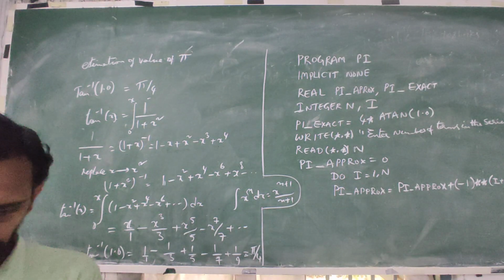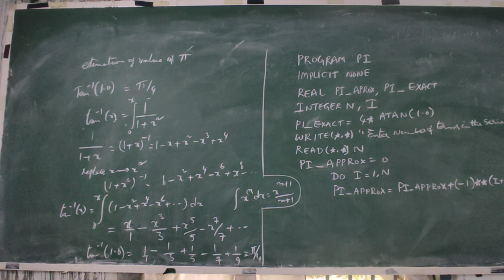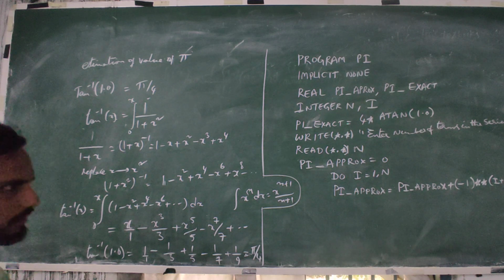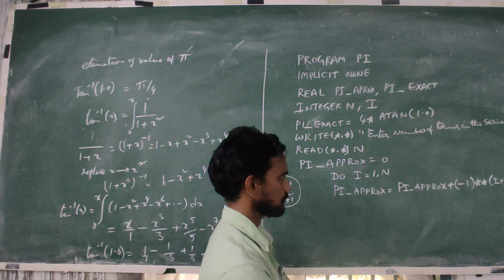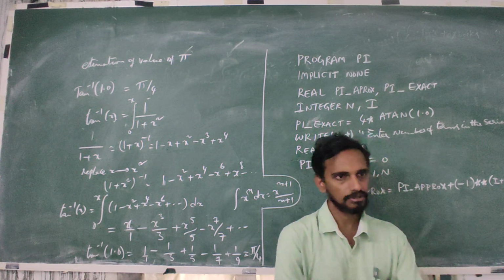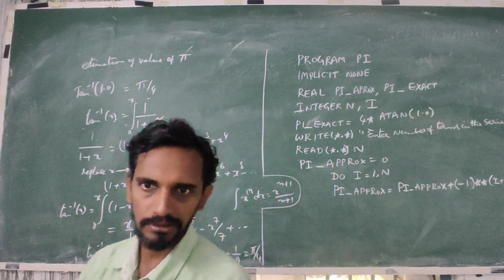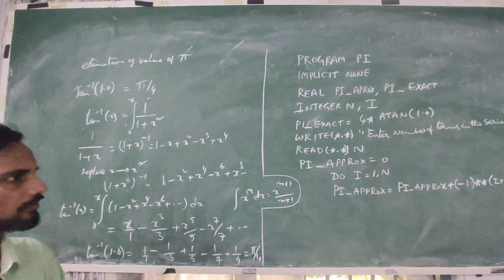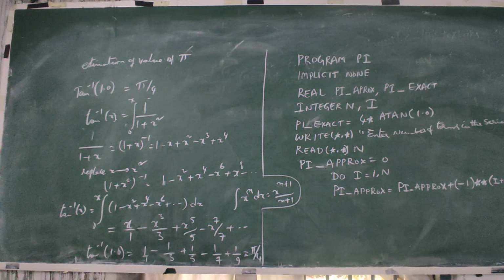So minus 1 power I plus 1 gives you what? When I is equal to 1 you get plus 1. When I is equal to 2, you get minus 1. I is 3, plus 1 again. So that minus sign we have generated, alternative plus or minus signs.